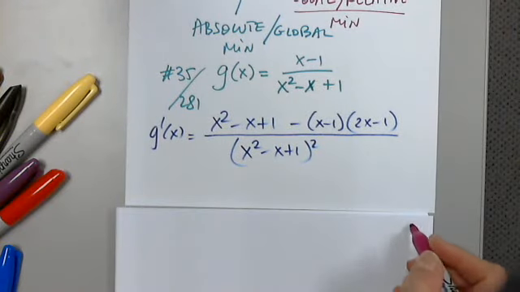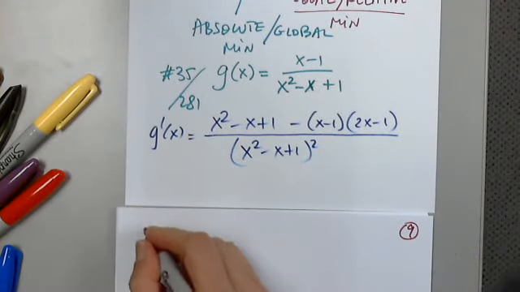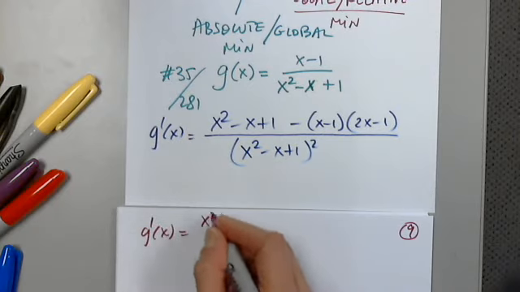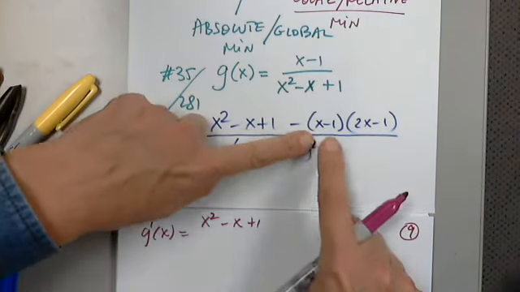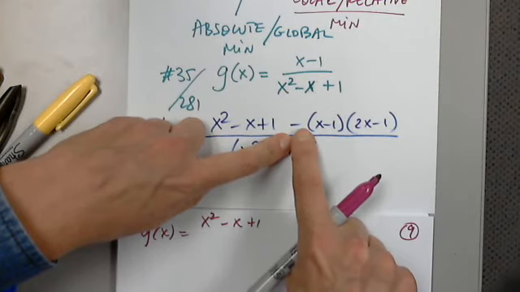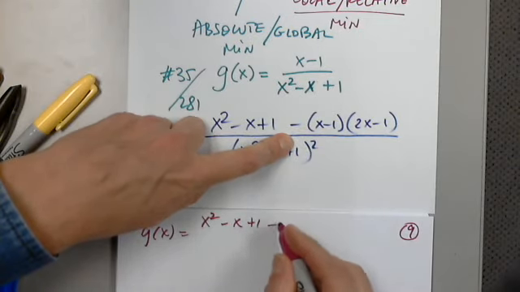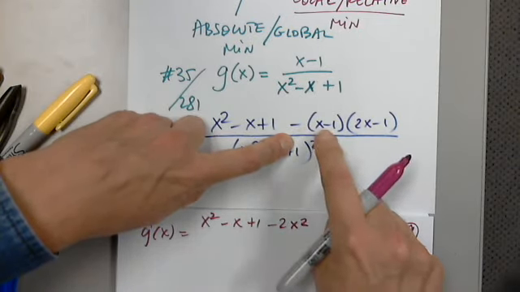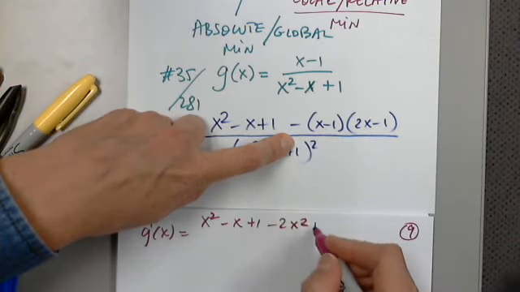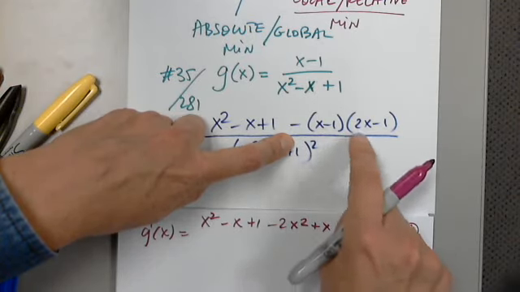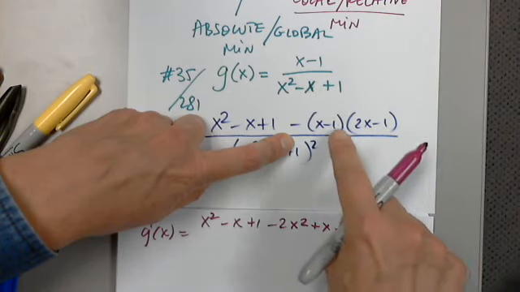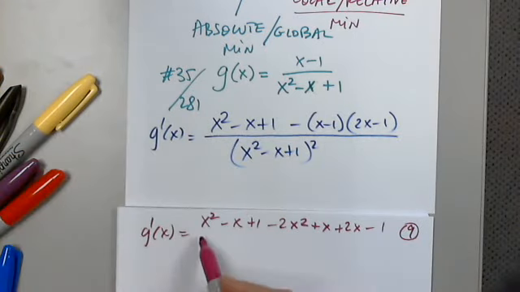So g prime of x is x squared minus x plus 1. Now I have to distribute, and remember there is a minus in front. So minus 2x squared, and this is minus x with minus in front, and this is minus 2x with minus in front, and this is 1 with minus in front.